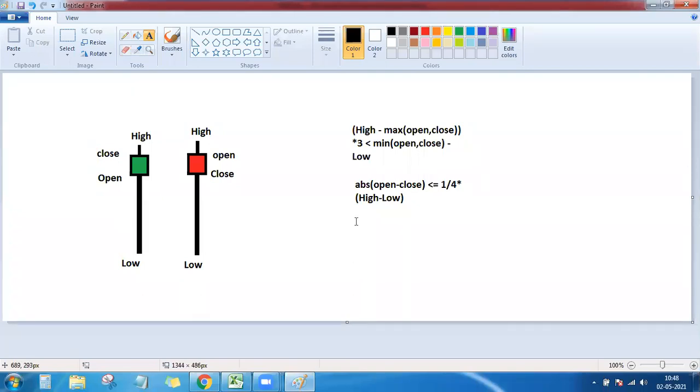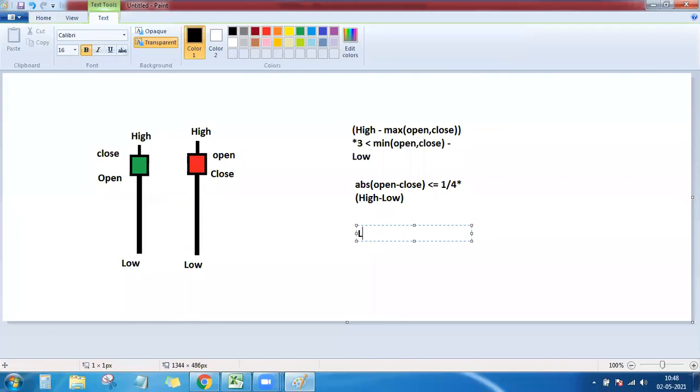So what we can do is compare the low prices over here. The candle which is a hammer, its low should be the lowest of the previous 10 candles. This means the current low is less than or equal to the minimum of lows of the past 10 candles.